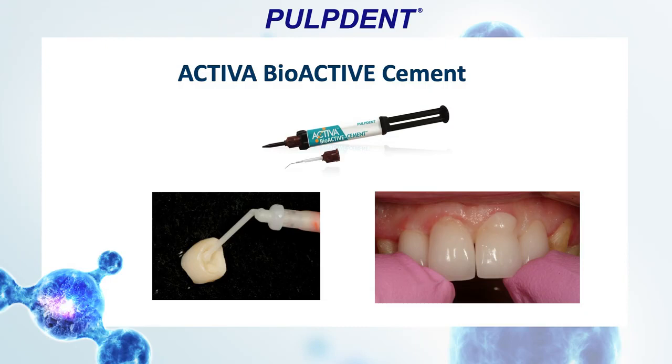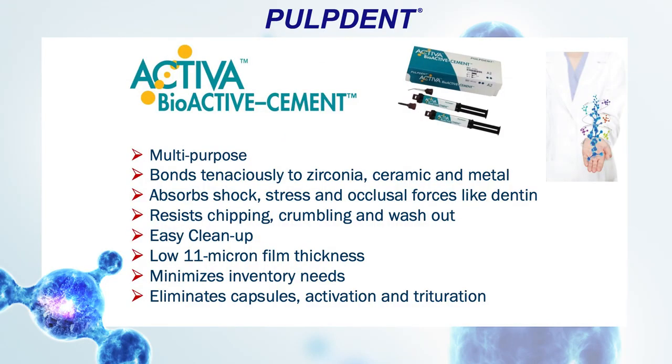Now, moving on in the ACTIVA line, we come to ACTIVA Bioactive Cement. This is a self-etching resin cement used for cementing crown and bridge. Now, some of the attributes of ACTIVA Bioactive Cement: multi-purpose. In other words, you can use ACTIVA Bioactive Cement for a lot of different substrates.